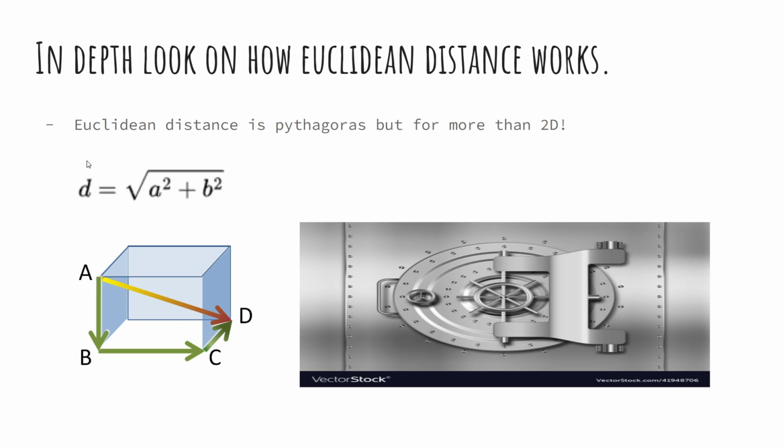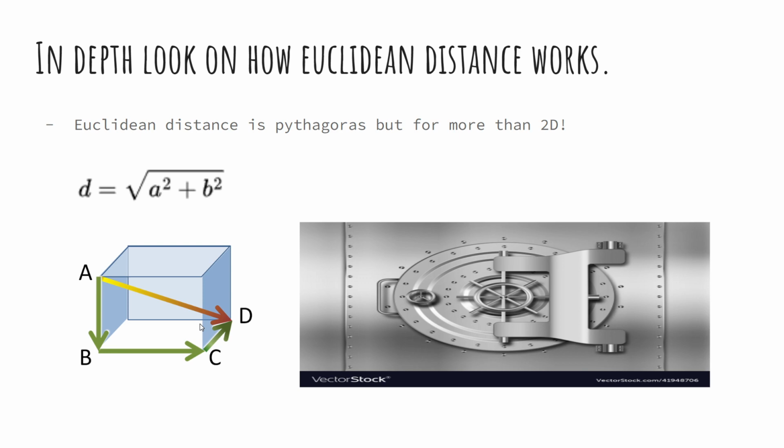And if we wanted to do the same thing in 3D, all we're going to do is do Pythagoras once, and then do it again. So if we wanted to calculate AD in this 3D space, first we can do Pythagoras from b to d, which is b to c squared plus c to d squared, and then that square rooted.